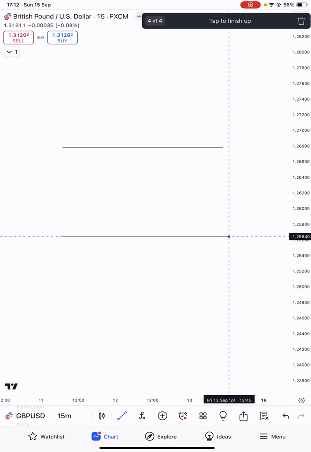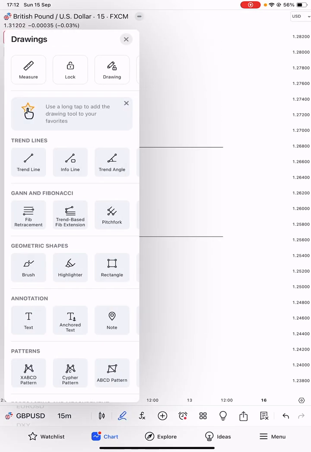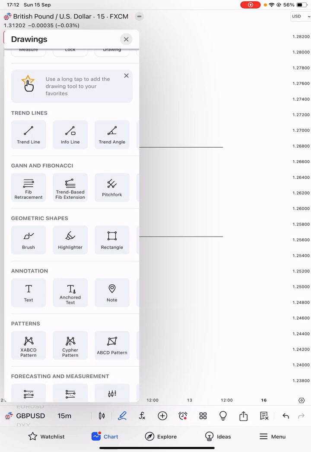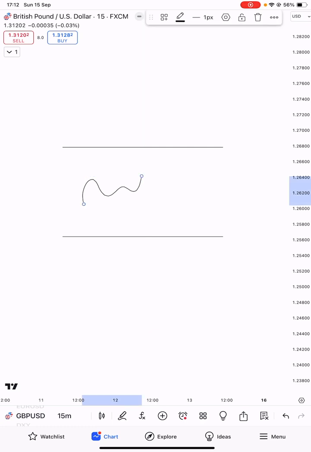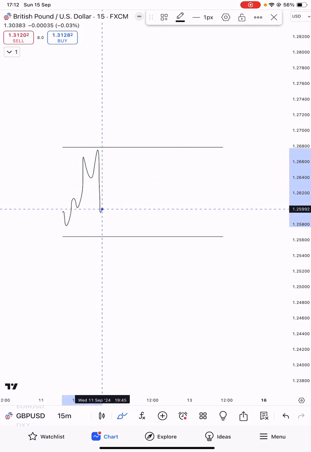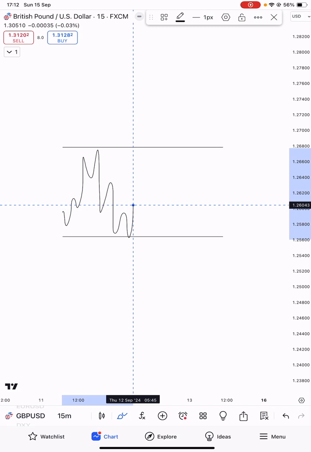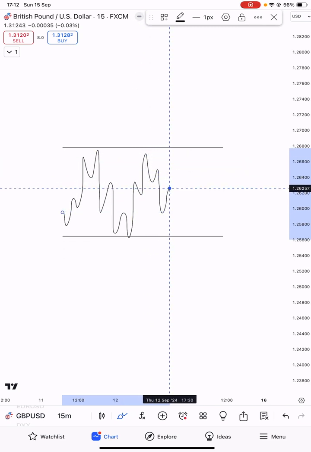So let's assume you have a clear and defined range where price is not breaking out. Now you have what?